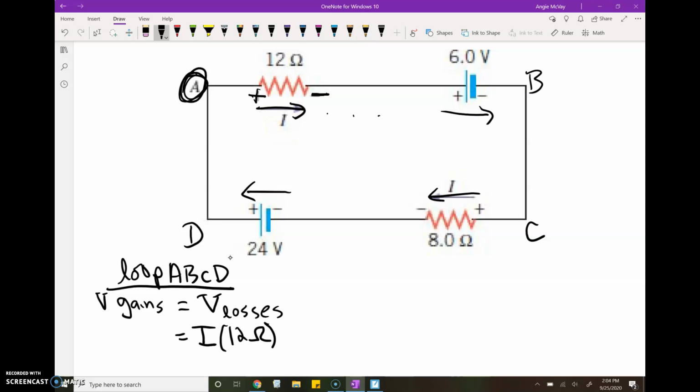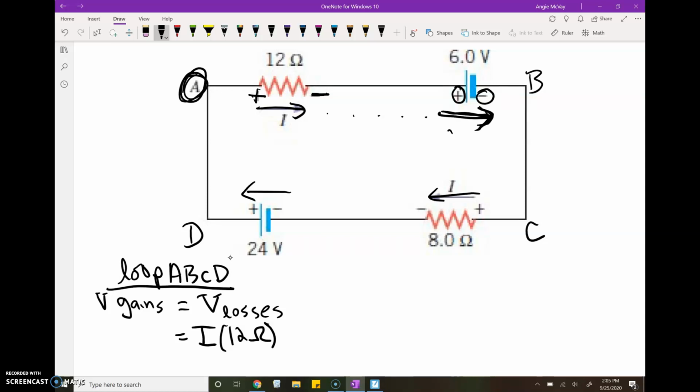Then we will continue going around this circuit, and we'll go through this power supply. Now, here's the problem. This power supply, in the direction that we predict the current is going, the current is going to go backwards through the power supply, right? The high potential side is on the left, the low potential side is on the right, and we are going to the right.